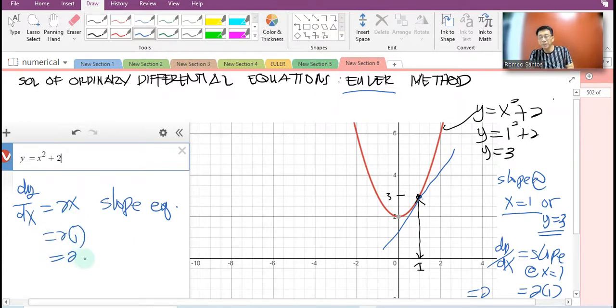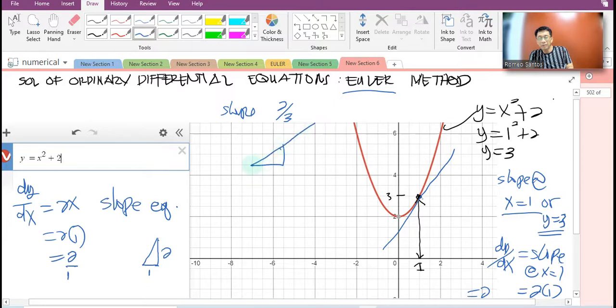How do we interpret a slope of 2? Your vertical is 2 and your horizontal is 1, so 2 over 1. For example, if your slope is 2/3, it means 2 vertical and 3 horizontal.